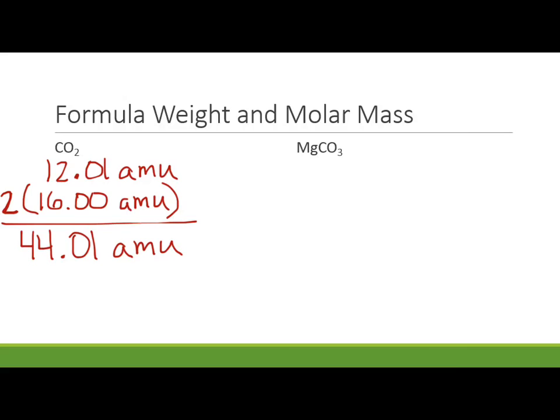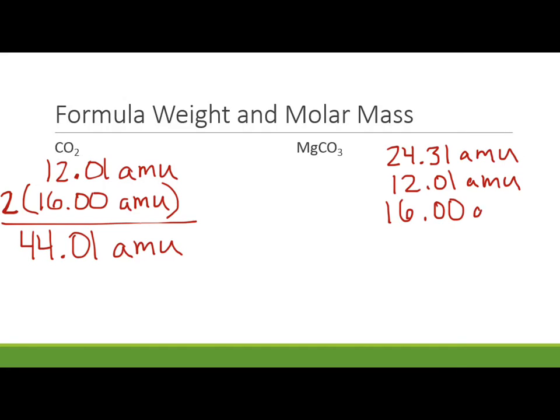Now let's try the same thing, but with magnesium carbonate. So magnesium weighs 24.31 atomic mass units, and carbon is 12.01 atomic mass units, and we just said the oxygen is 16 AMUs, but notice again that there are 3 of those, right?